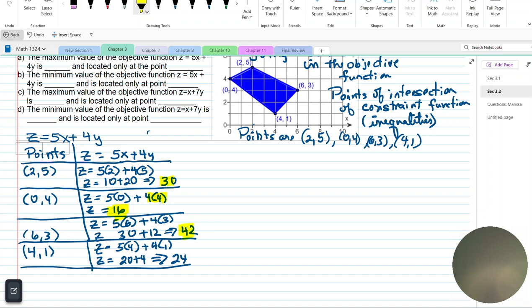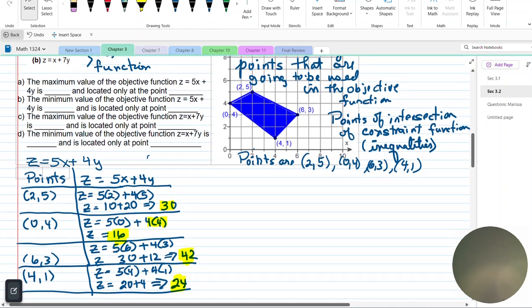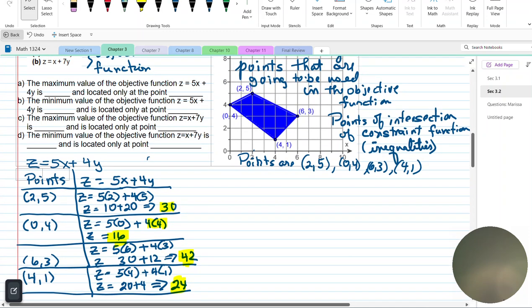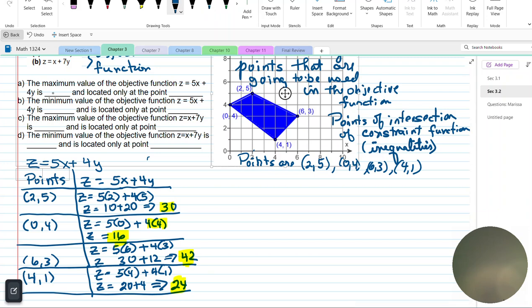So these are all the outcomes for our objective function. All right, now let's answer the question. The maximum value of the objective function z equals 5x plus 4y is our biggest number, 42, located only at the point (6, 3). Who would have thought that?